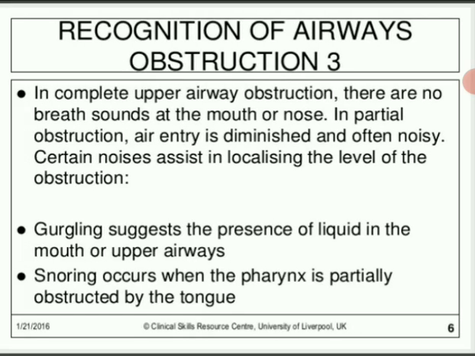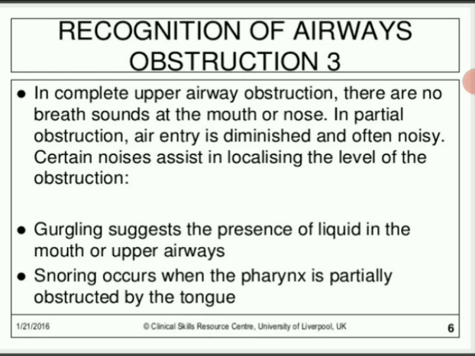In complete upper airway obstruction, there are no breath sounds at the mouth or nose. In partial obstruction, air entry is diminished and often noisy, and certain noises assist in localizing the level of the obstruction.